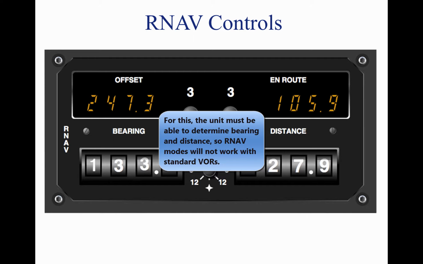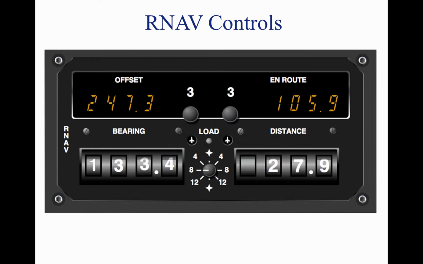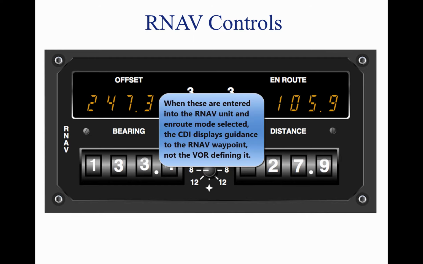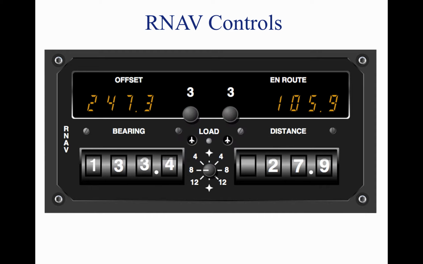Therefore, a VORTAC or VOR DME needs to be selected as a nav aid. To establish a waypoint, a point somewhere within the service range of a VORTAC is defined on the basis of radial and distance. Once the waypoint is entered into the unit and the RNAV en route mode is selected, the CDI displays course guidance to the waypoint, not the original VORTAC. DME also displays distance to the waypoint.